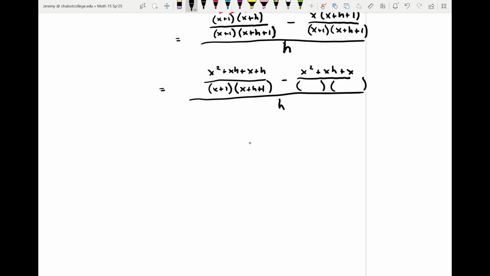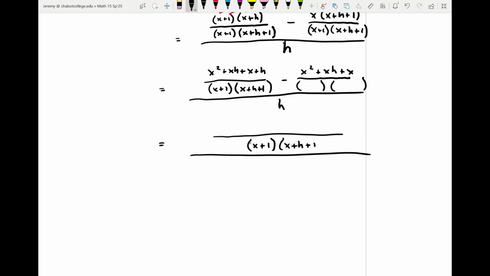Now how about we add those together, add the two fractions in the numerator of the big fraction, and here's what I will get. It's going to be one big fraction in the numerator, the denominator will be that common denominator of x plus 1 times x plus h plus 1. I am not going to bother multiplying out the denominator right now, but I'll get x squared plus xh plus x plus h.